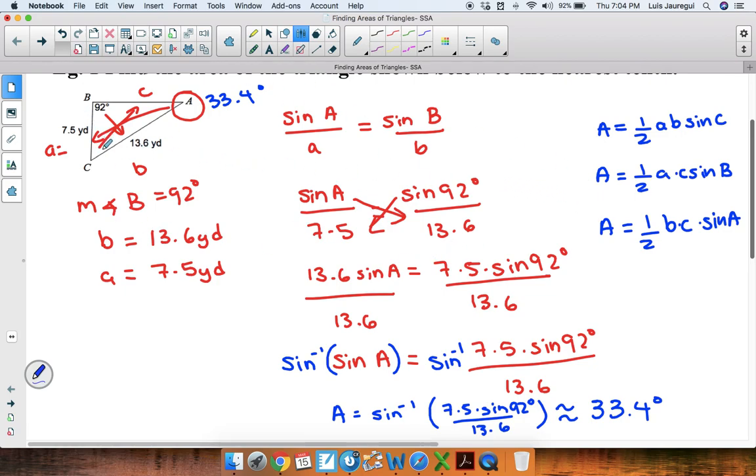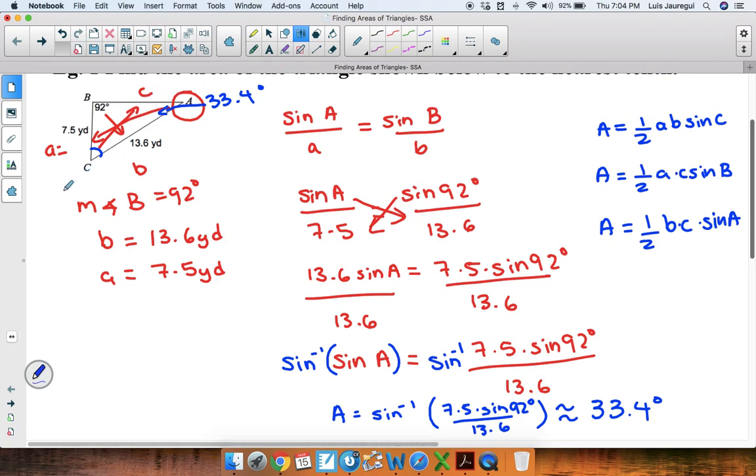Notice we already have this side and this side, but we don't have the angle in between. In this case, we know this particular angle measures that, so we have this side, but we don't have the measure for this side either.